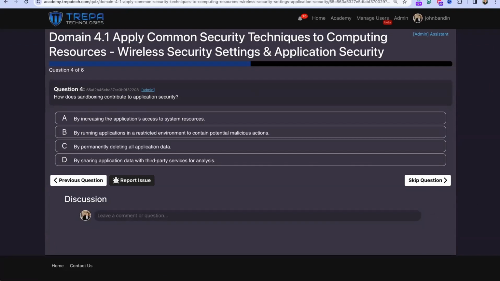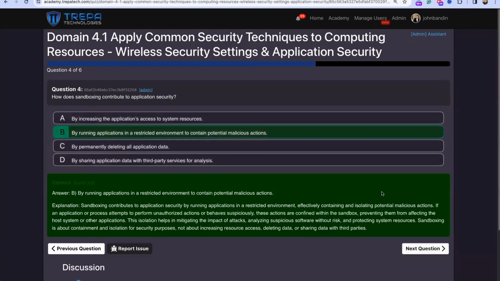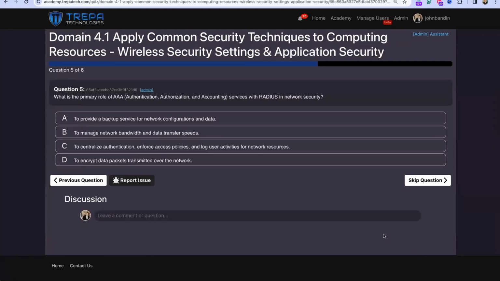Question 4. How does sandboxing contribute to application security? That's going to be B, by running applications in a restricted environment to contain malicious actions. Question 5. What is the primary role of AAA, authentication, authorization, and accounting services within RADIUS in network security?